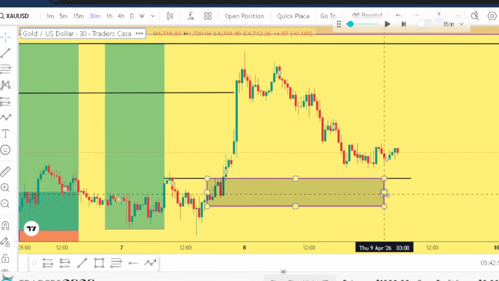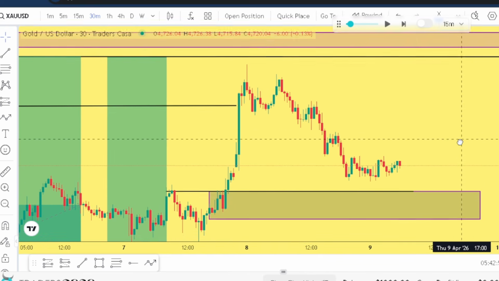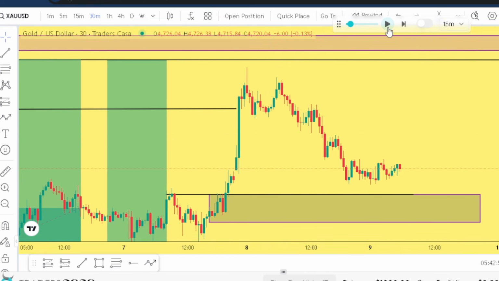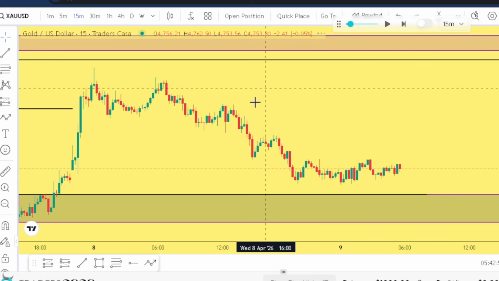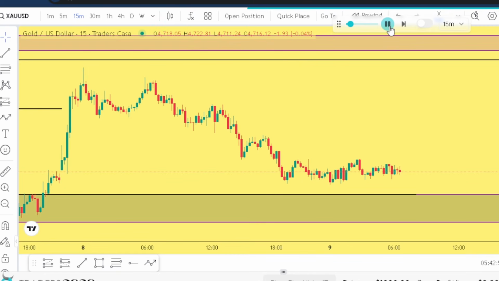Let us extend it. You can see how much I'm analyzing this thing step by step, building a story around my trades, and just like that, I'm getting clean entries, okay? So now I play price. Let us see if we get a tap onto that zone.